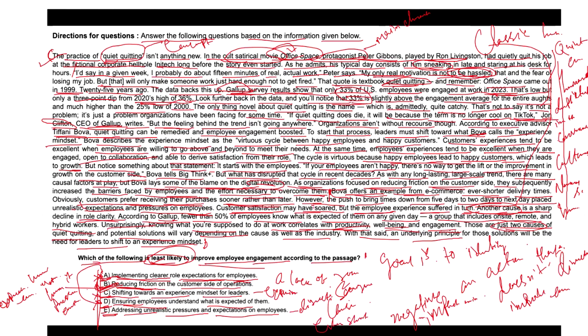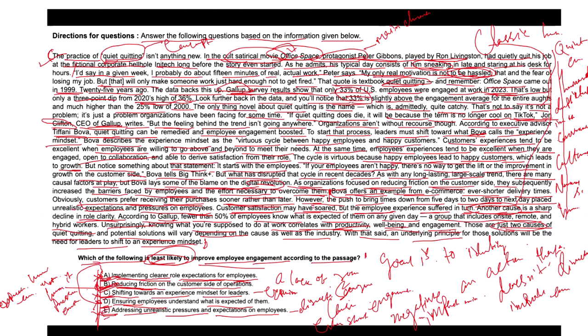Addressing this pressure would improve their experience and engagement. So this is identified as an important factor in improving employee engagement by reducing undue pressure. Hence the author agrees with it. So the author agrees with options A, C, D, and E. Hence, they are not least likely to improve employee engagement.